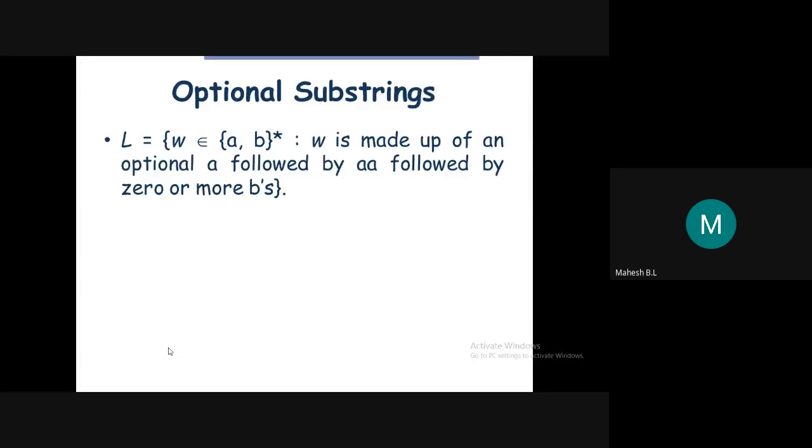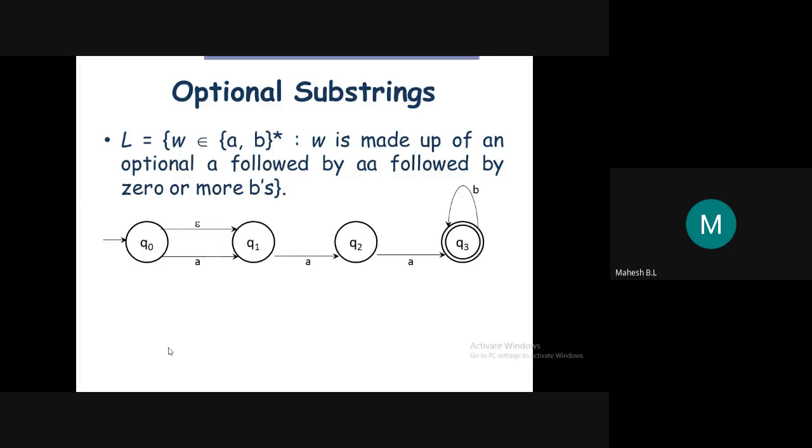So now consider the first one. L is equal to W belongs to A comma B, where W is made up of an optional A followed by A followed by 0 or more B's. See here, this is the NDFSM.